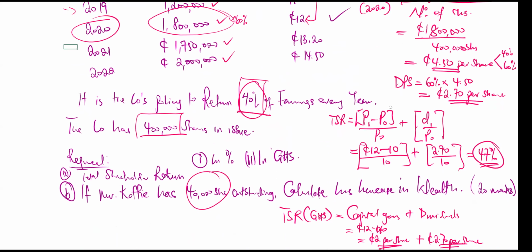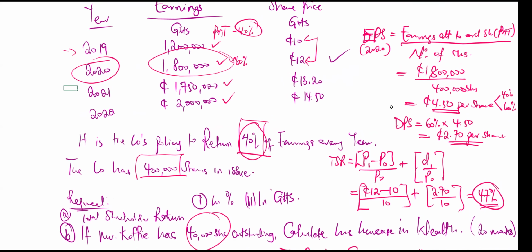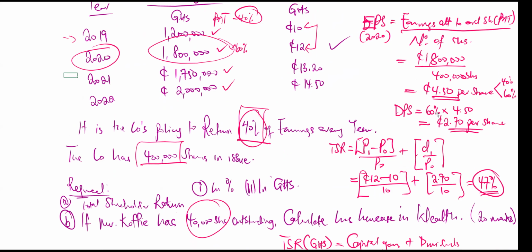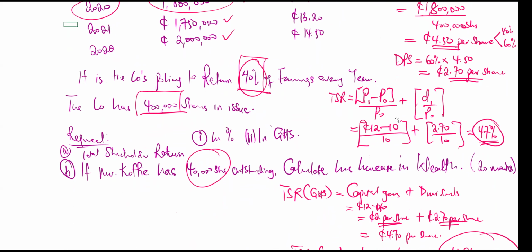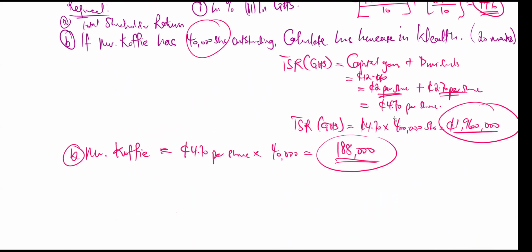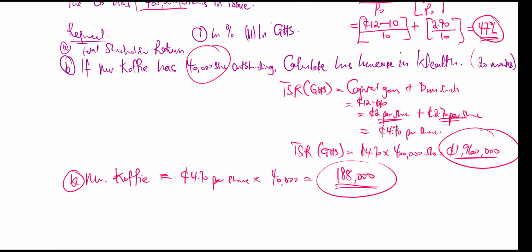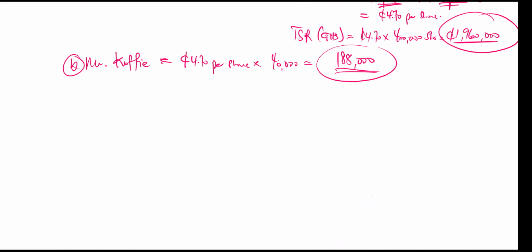To maximize it, you need two things: the growth in your share price and the growth in dividends. When you put the two together, you get what we call total shareholder return. Is that okay? Any questions? Or can we move on?